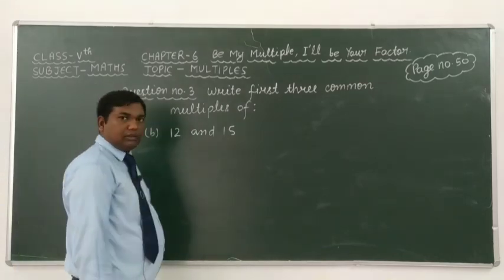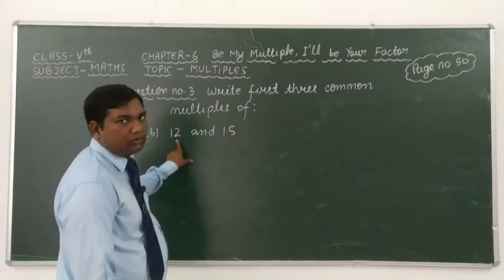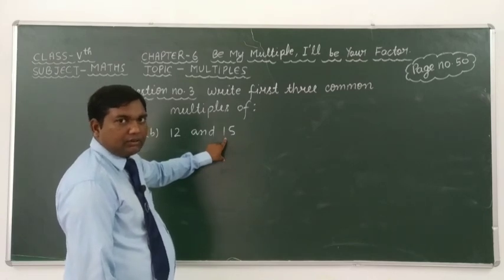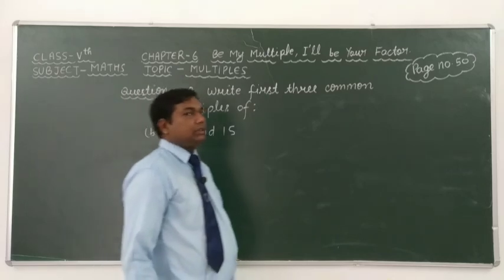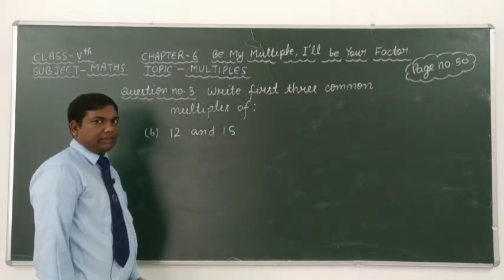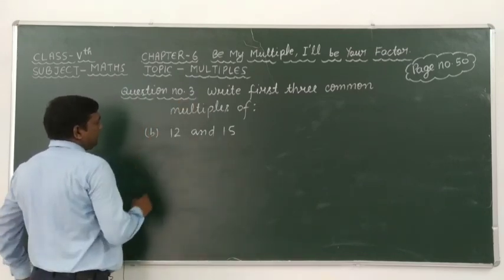In this question, firstly we write the multiples of 12 and the multiples of 15. Okay students, then we have to choose 3 common multiples of 12 and 15. Okay, now let's start the solution of question number 3b.